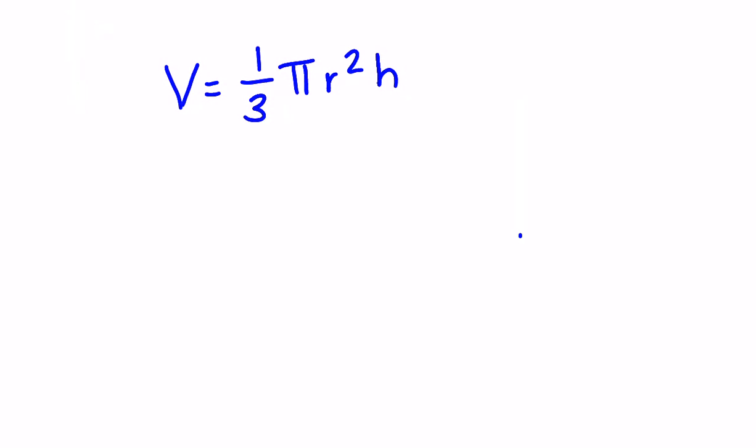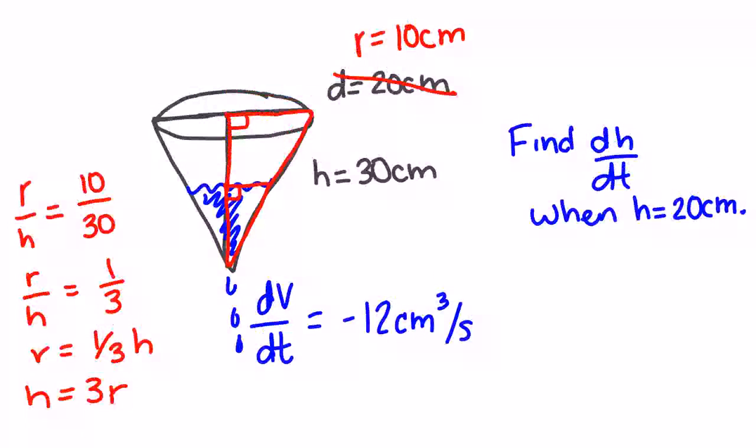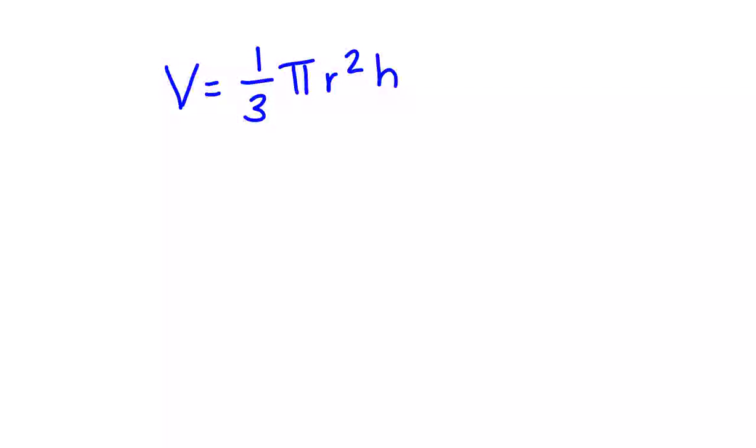So let's take the derivative of this after we get rid of either R or H. Now remember that we're looking for dH over dt, so that means we want to get rid of the R's. We found that R equals 1/3 H. So everywhere we see an R, we're going to put 1/3 H.